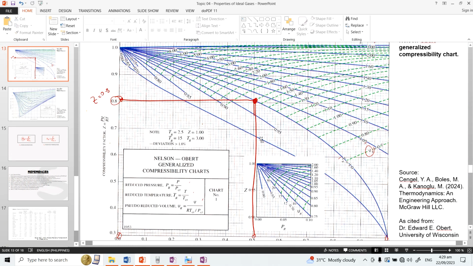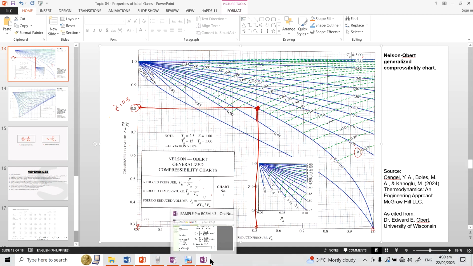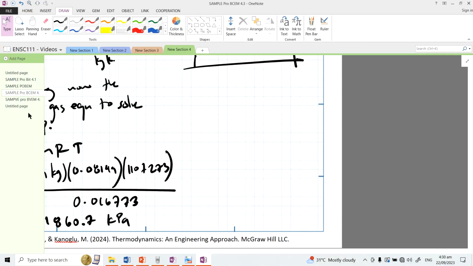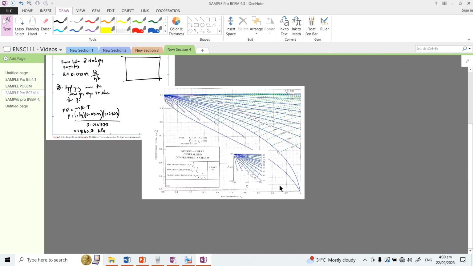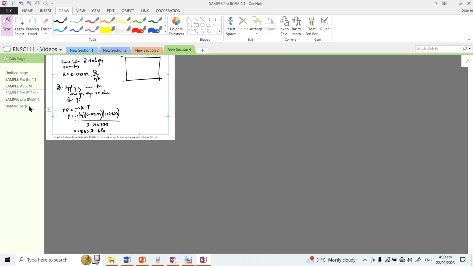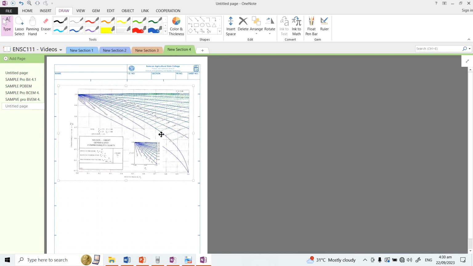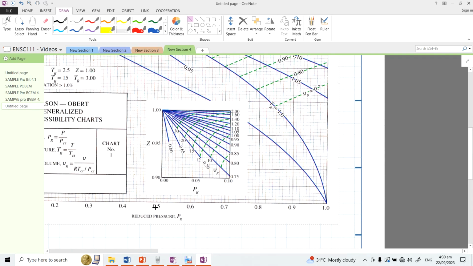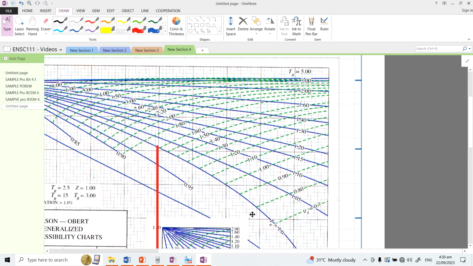So here it is, 0.5, starting from this, then it intersects with this TR equal to 1.0.